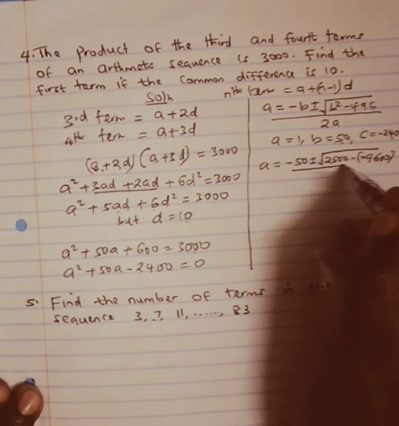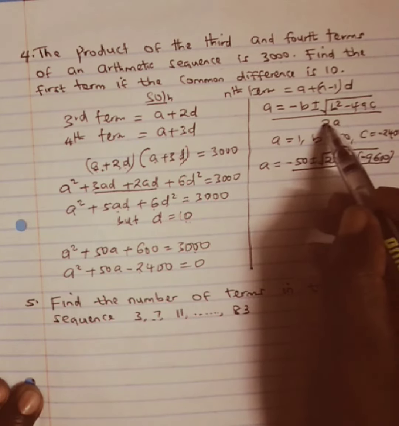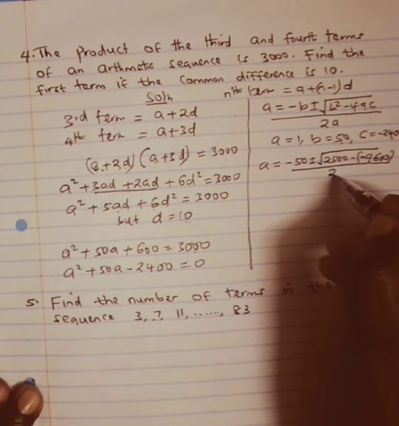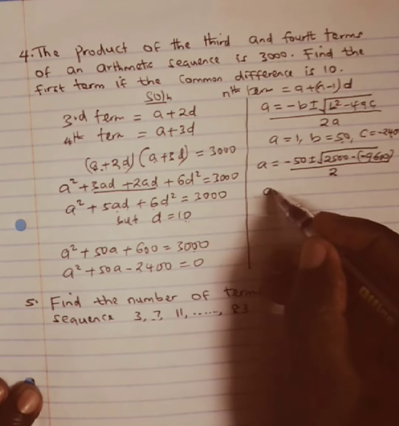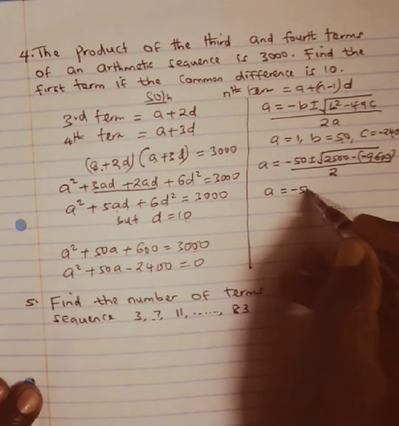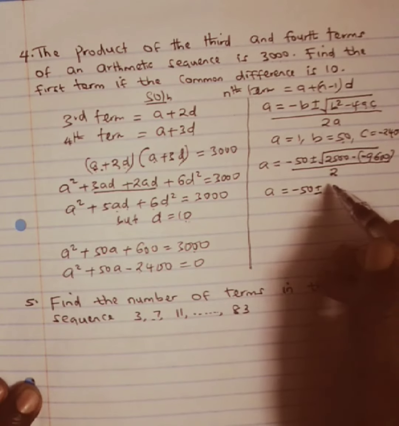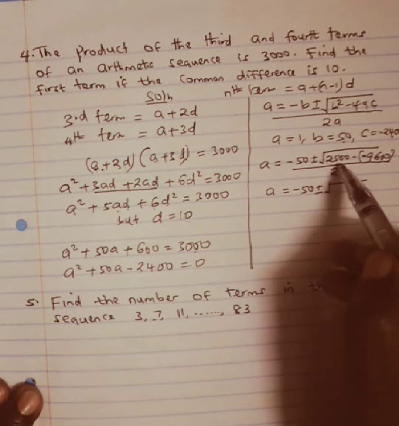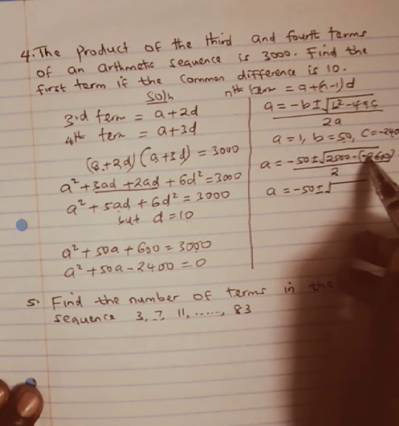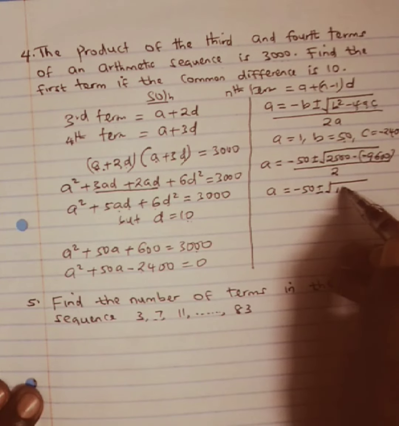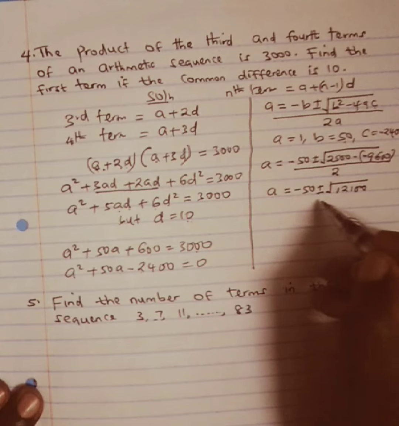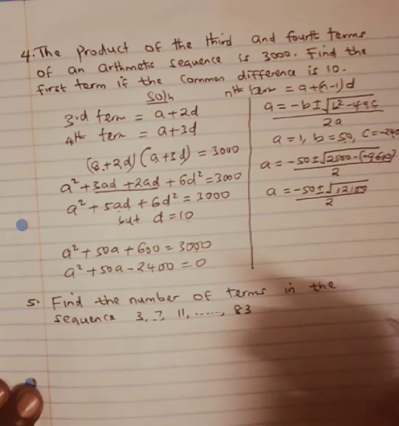Then from there everything we are going to divide by 2 times a, and our a is 1, so this remains 2. So a is going to be equal to minus 50 plus or minus the square root of 2500. Minus minus is plus, so this is the same as 2500 plus 9600, which gives us 12,100, everything divided by 2.